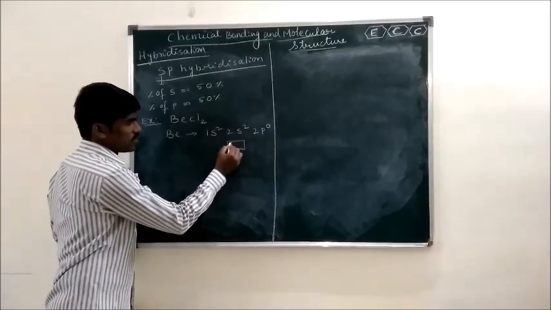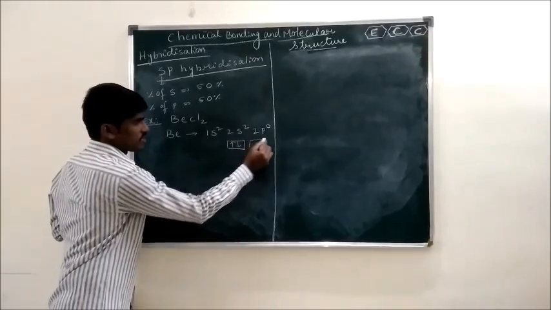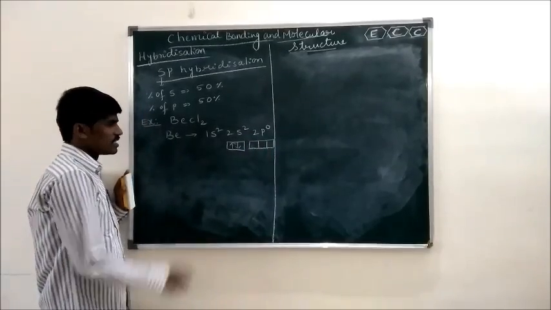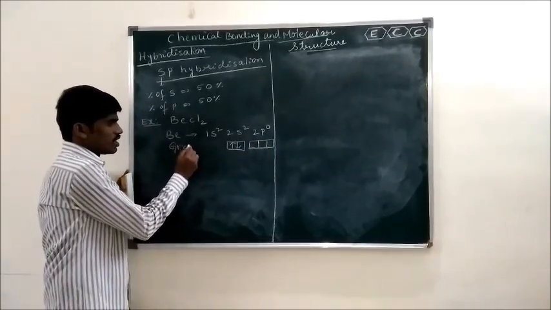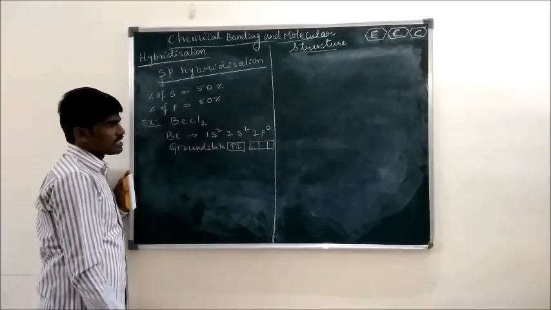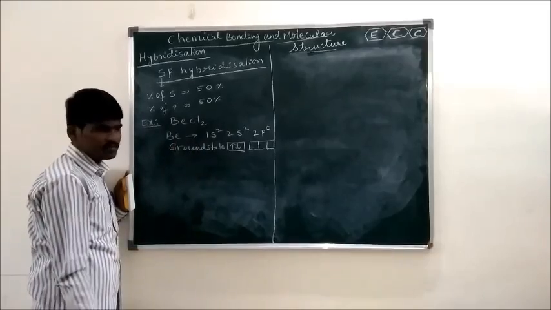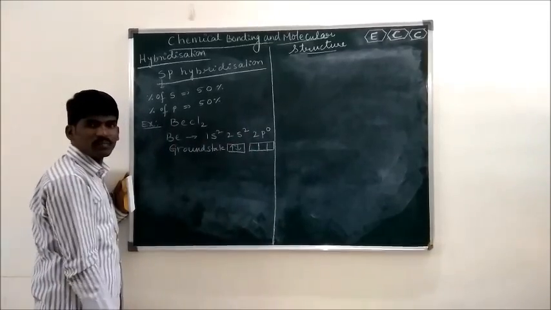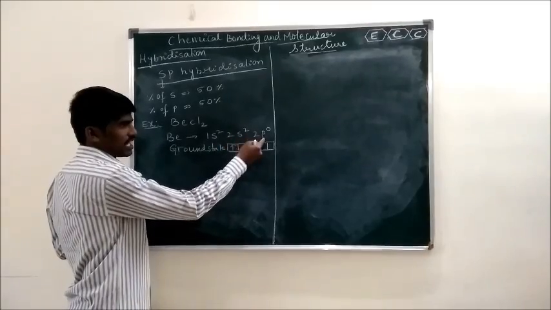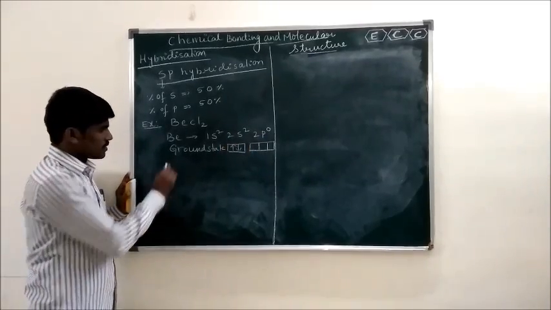In the 2s orbital, there are 2 electrons, and the 2p orbital is empty or vacant. It is the ground state electronic configuration of beryllium. In the ground state, beryllium cannot form any bond, as there are no unpaired electrons.